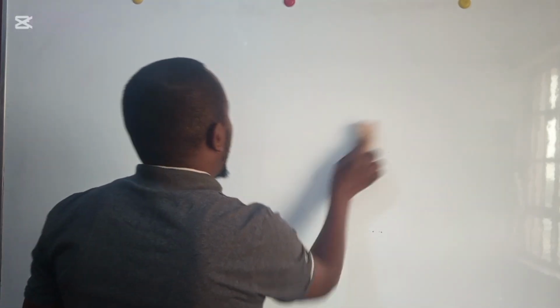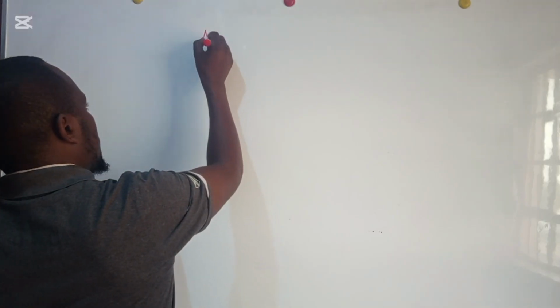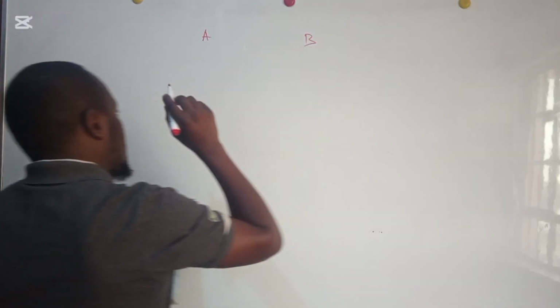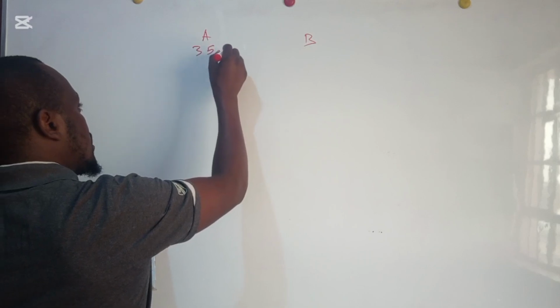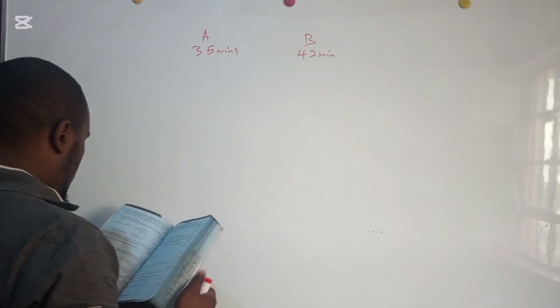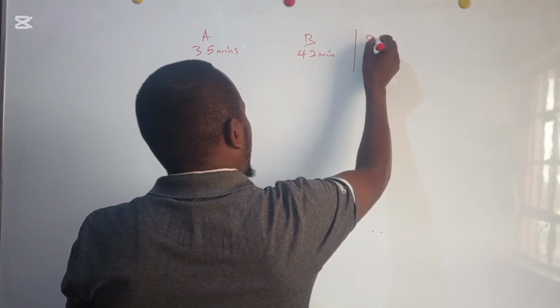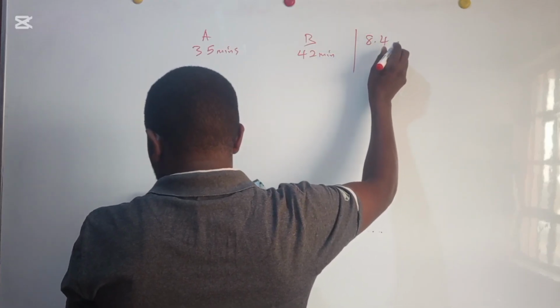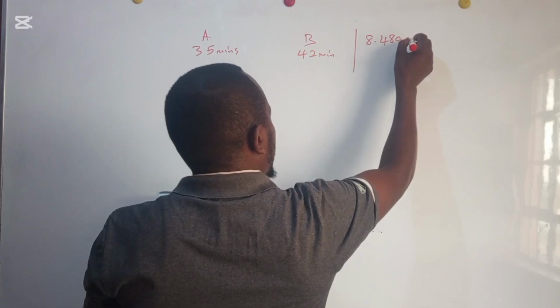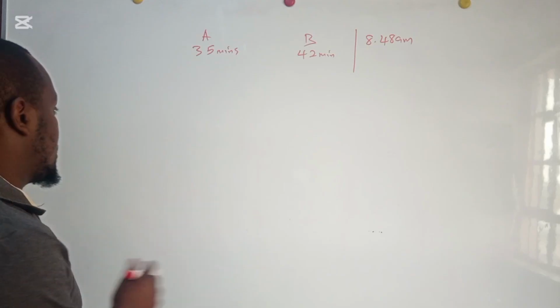Yes, so we have used examples that require GCD. Let's see whether this one will use GCD or LCM. Two bells A and B: one rings after 35 minutes, the other one after 42 minutes. Both ring together at 8:48 a.m. Let me give you the scenario to illustrate this.